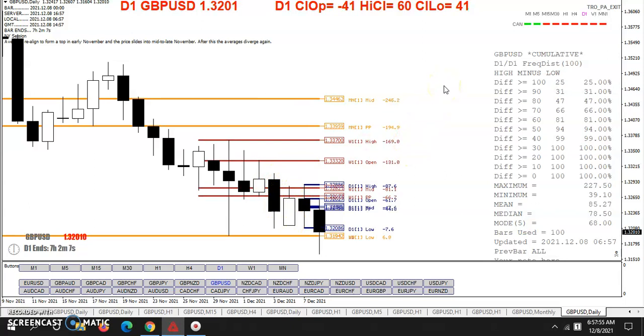For an outside bar to occur, the range has to be larger than the previous range. And for an inside bar to occur, the range has to be smaller than the previous bar's range. That's something that a lot of people don't think about.